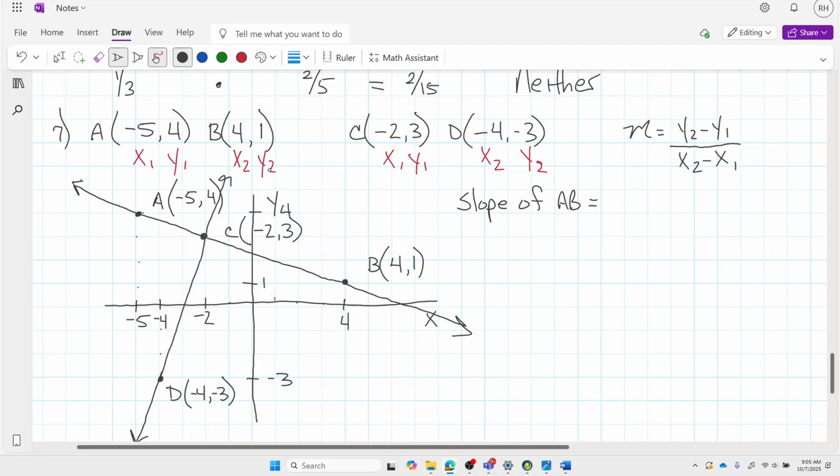Y sub 2 minus y sub 1. So wouldn't that be 1 minus 4? What goes in the denominator? 4 minus negative 5.